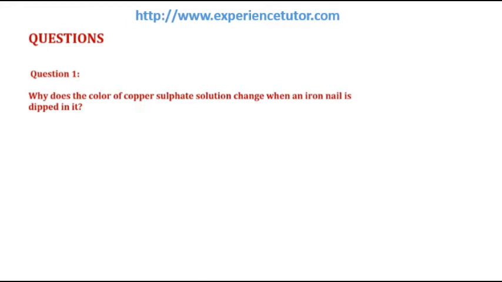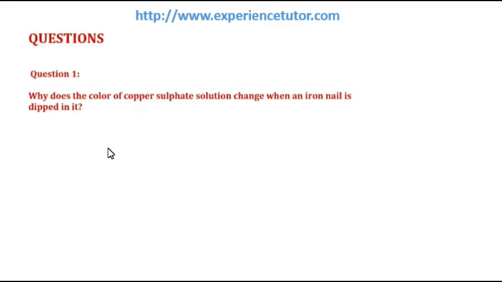Initially, the copper sulfate solution color was blue. Therefore, the blue color of copper sulfate solution fades and green color appears.